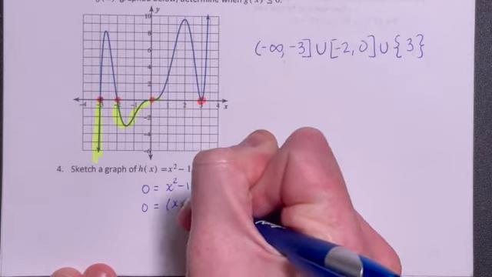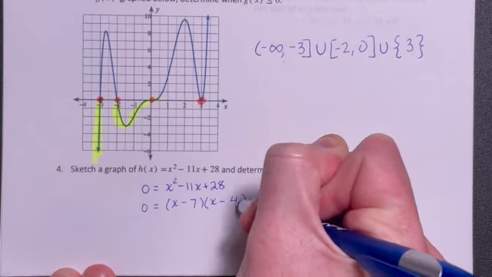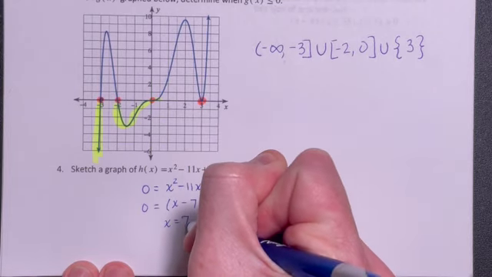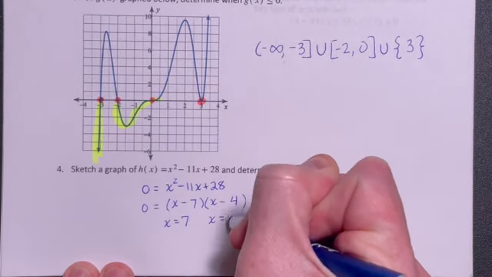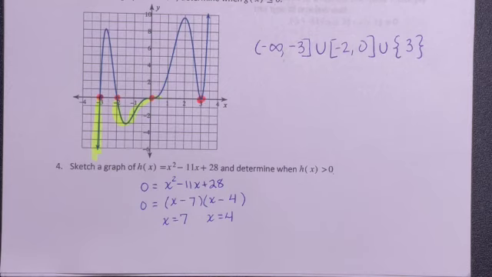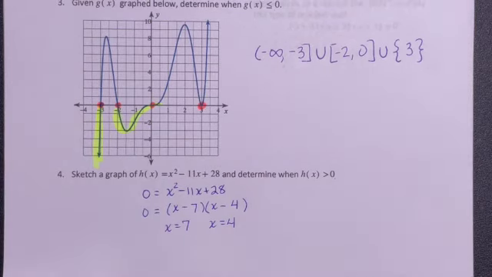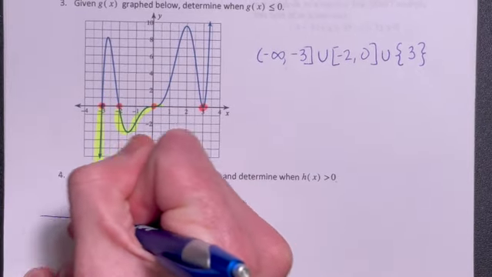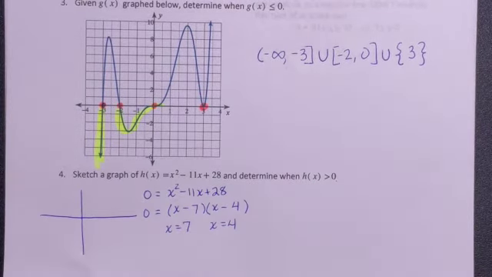So we're going to factor this out to x minus 7, x minus 4, which gives us two solutions for when x equals 7 and when x equals 4. Now these aren't the actual solutions to the inequality because that's for when it's equal to 0. But I can use that to help describe this inequality or this quadratic.